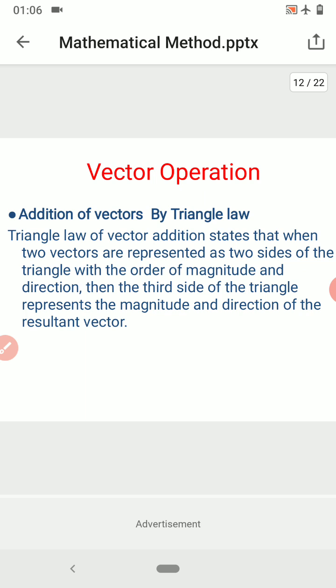It is easy to find the addition of two vectors. So how can two vectors be added?